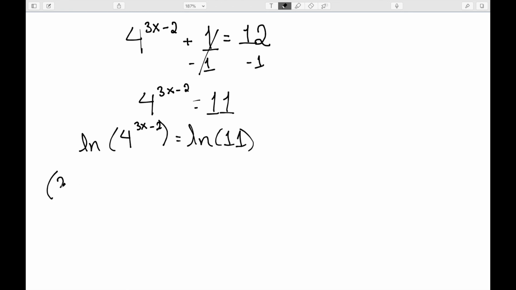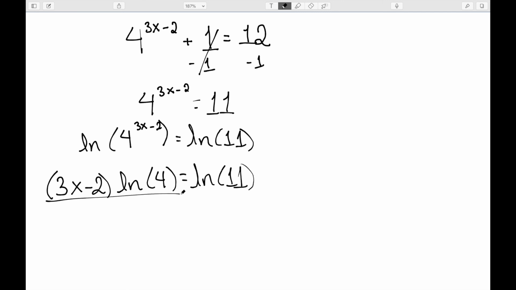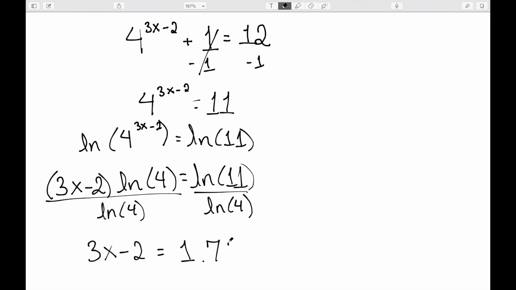We then use the property that says we can bring the exponent out front, making sure to leave it in parentheses. And then we can divide both sides by ln of 4. When we do, we get 3x minus 2 is equal to approximately 1.73.